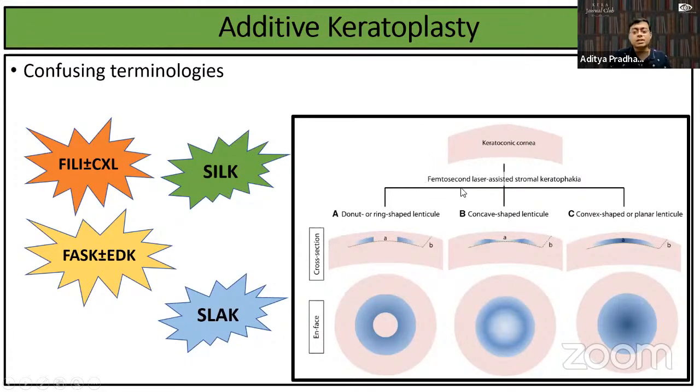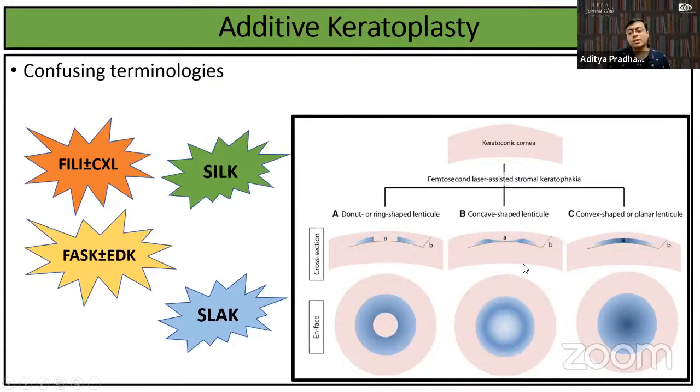You use the femtosecond laser to create the pocket as well as the donor lenticule. In cross-section profile, you can see either a donut or ring-shaped lenticule, a concave-shaped lenticule, or a convex-shaped or planar lenticule. Any one of these lenticules, depending on the publication, is used, and a pocket is made in the host cornea with the femtosecond laser.